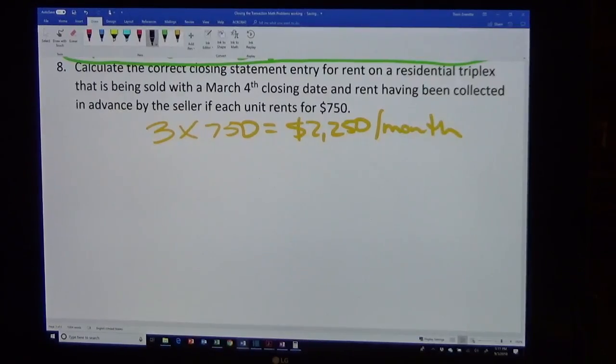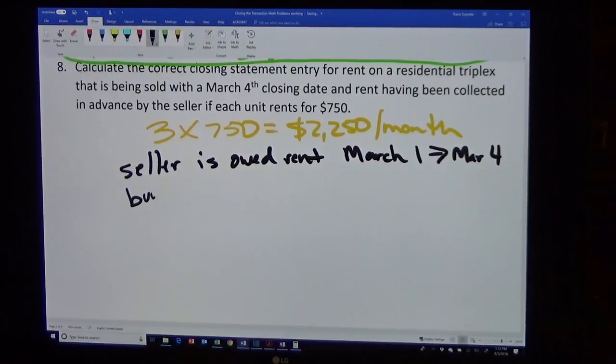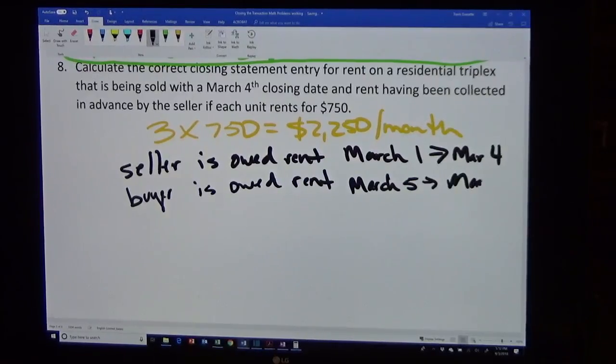So we're going to write down our 2 statements, but this time we're not going to write seller owes and buyer owes because it's rent. They are owed. So seller is owed rent from March 1 through March 4th, because it's monthly, and the buyer is owed rent from March 5th through March 30th.